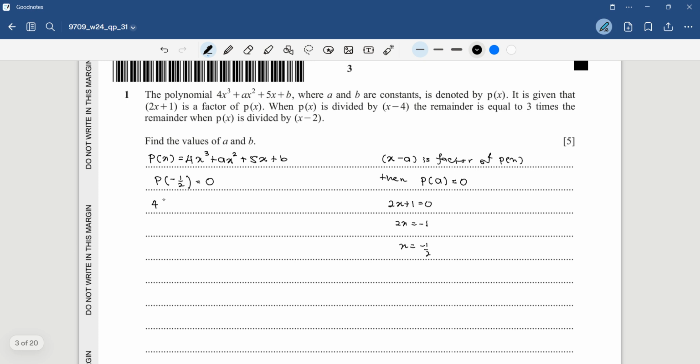So 4 times negative 1 over 2 cubed plus a times negative 1 over 2 squared plus 5 times negative 1 over 2 plus b is equivalent to 0. So it's going to be negative 1 over 2 plus a over 4 minus 5 over 2 plus b equivalent to 0.